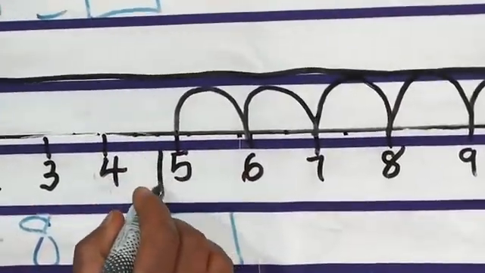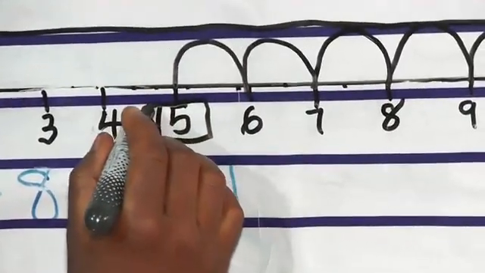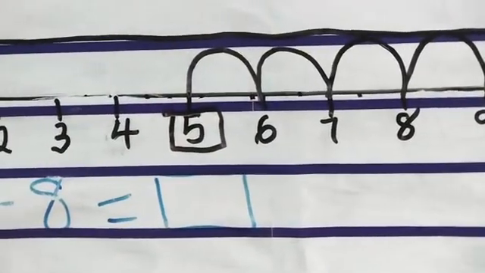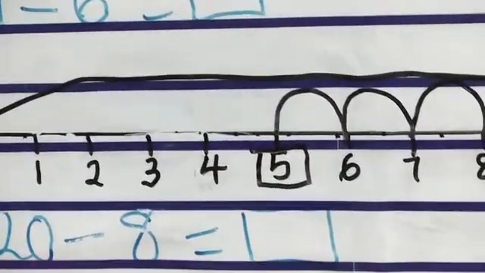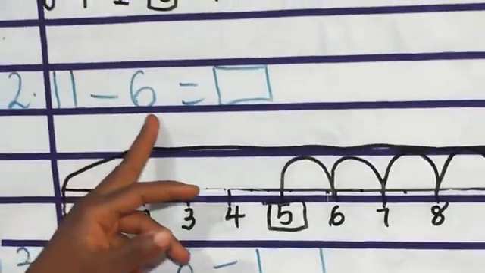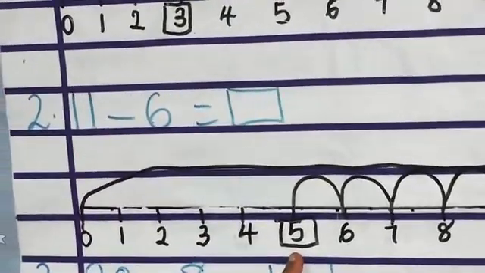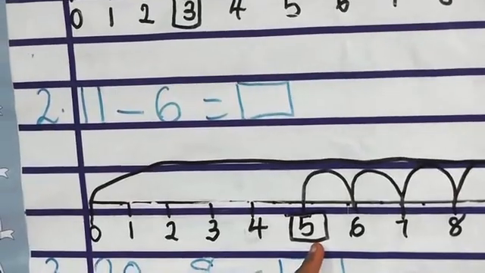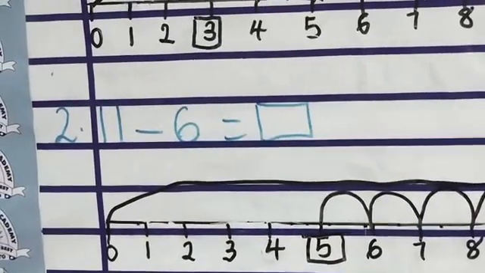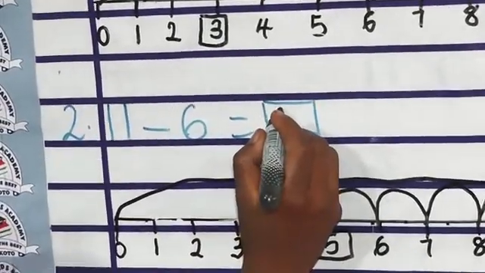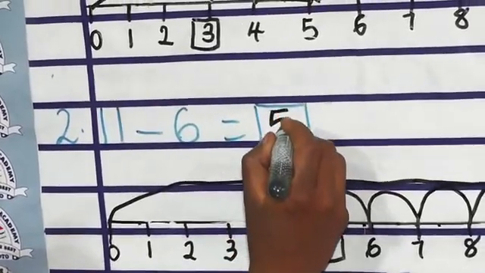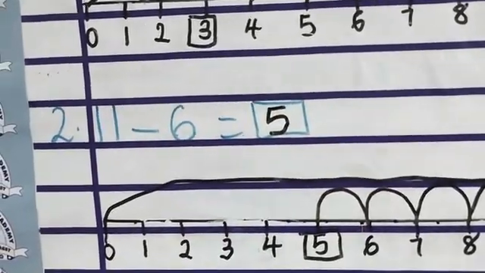Now, our answer is 5. Make sure you put it in a box so that you won't forget it, okay? Now, 11 minus 6 will give us what? 5. Now, you pick your answer and write it in this box. 11 minus 6 will give us 5.